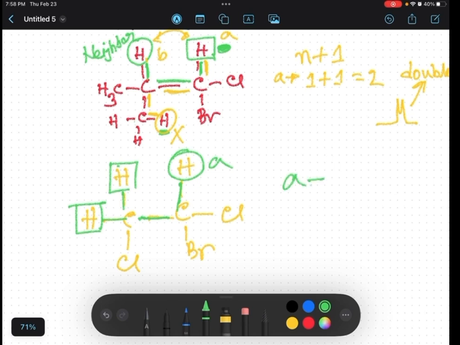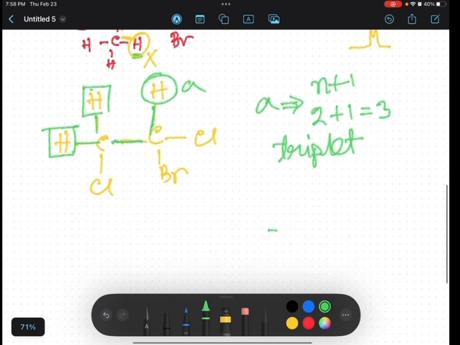So for the A proton, again the n plus 1 rule: it has 2 neighbors plus 1, so you will see 3, which is called a triplet. That means the A proton will show up as a triplet signal.